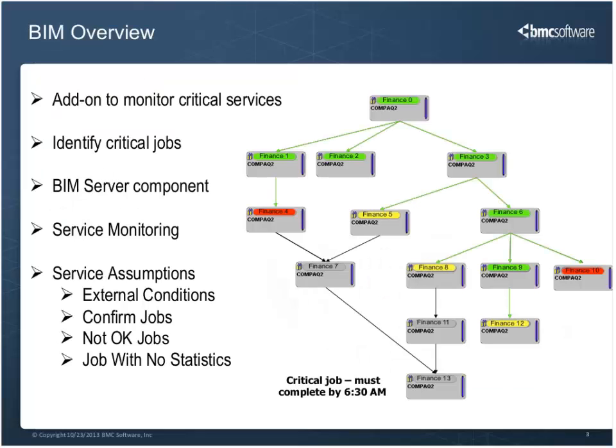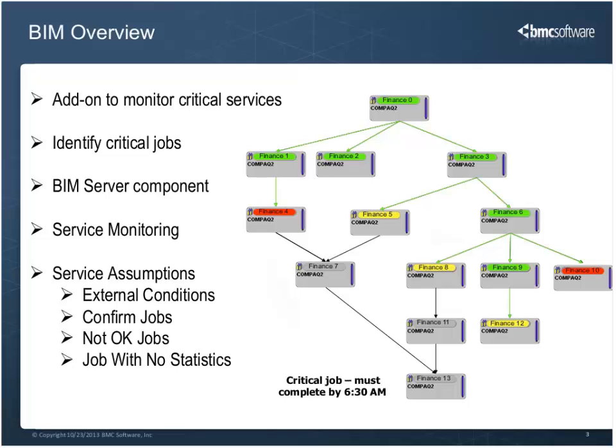So BIM is an add-on to Enterprise Manager that lets you monitor critical job flows and then intervene if there are any delays or problems. Instead of monitoring potentially hundreds of jobs, there really is only one job needed to monitor the entire service. A BIM service comprises all of the jobs that exist above a BIM job to the point that there are no longer any in conditions.